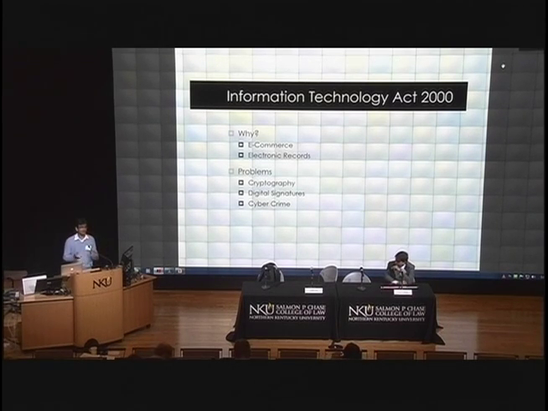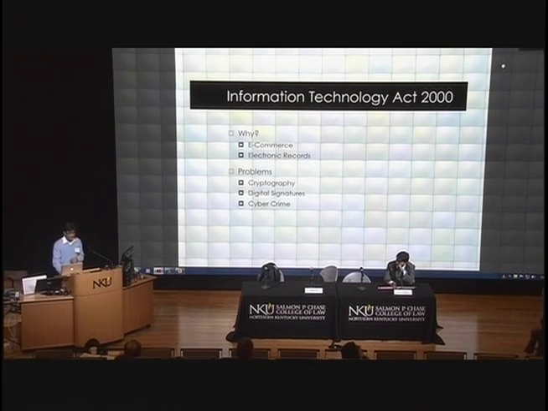A lot of American and European companies were investing in the Indian market because they had discovered business process outsourcing, and they realized they could get a lot of cheap labor in India because of GDP per capita or PPP. So the Indian government was like, oh, great, you're bringing us money, sure, we'll make a law for you, right? And they were really only interested in facilitating electronic commerce.